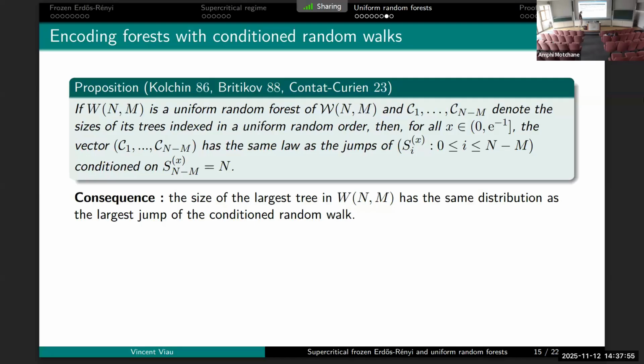For example, the size of the largest tree in such a forest has the same distribution as the largest jump of this conditioned random walk.